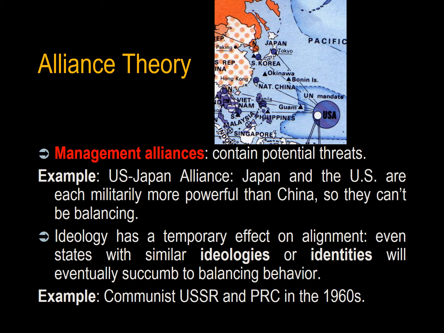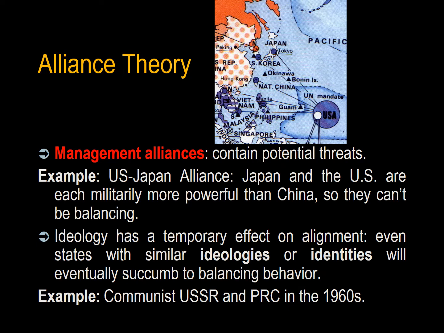So the idea was that the US allied with Japan to restrain Japan, make it secure, and this made other countries in the region that were American allies more secure. So that Taiwan, the Philippines, South Korea, Australia were more secure because the US was able to engage Japan in an alliance. And so Japan didn't have to build up a big military, and so all the US allies and the US and Japan were better off.